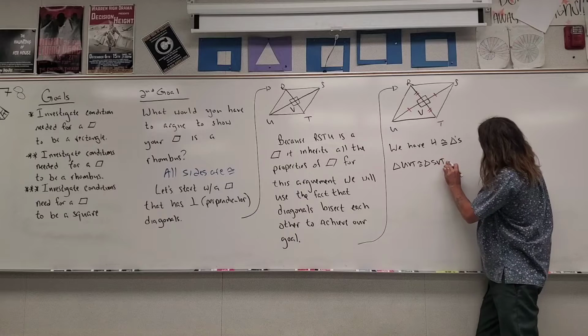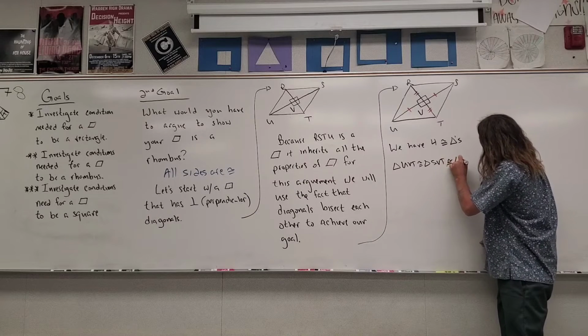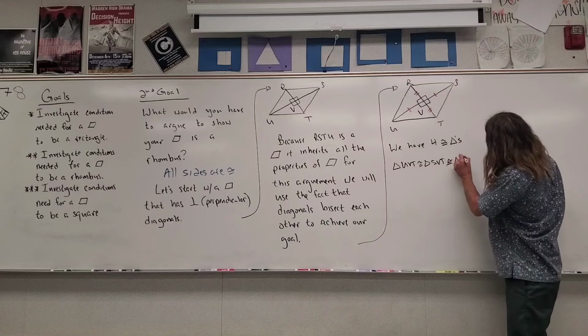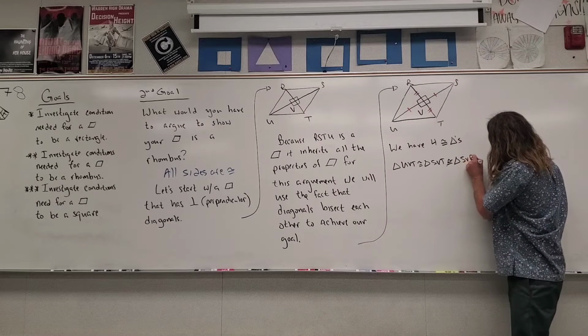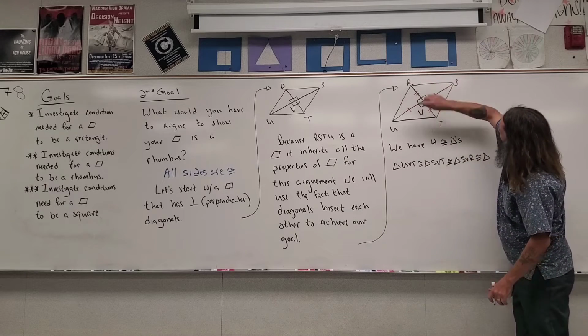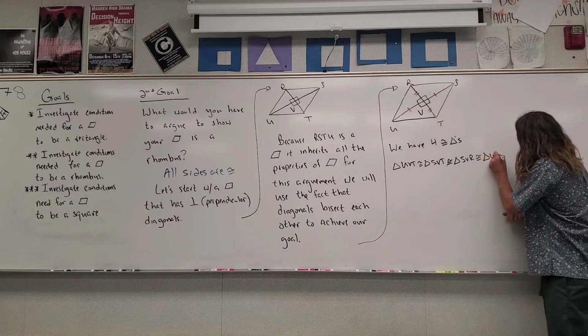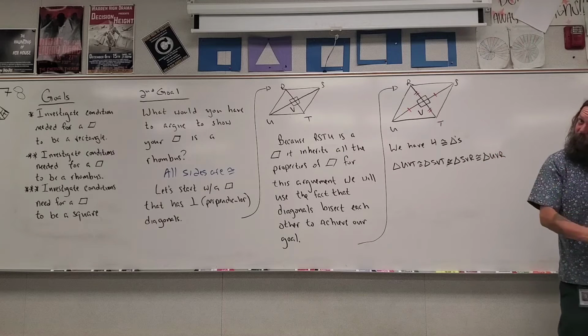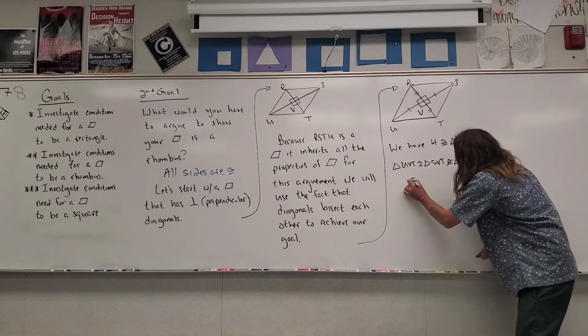and that's congruent to triangle SVR, and that's congruent to triangle UVR. Now, because we have congruent triangles, that means the corresponding parts are congruent, right?